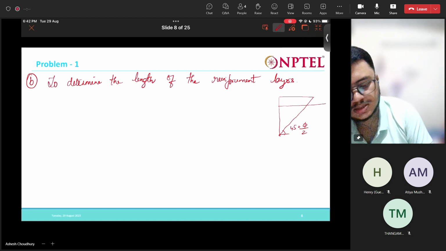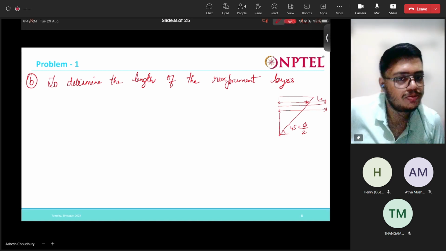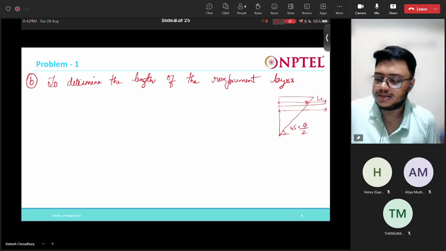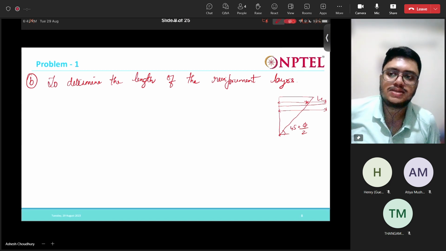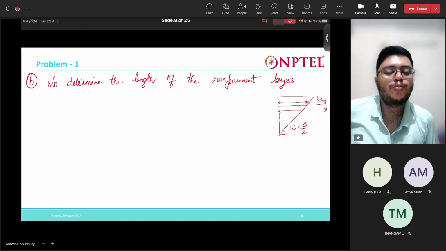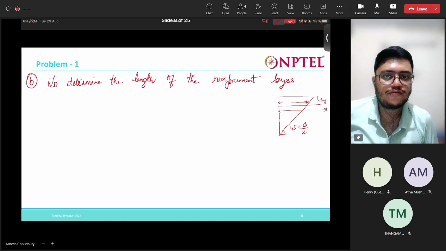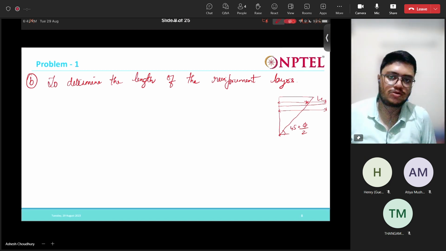Okay, so this is the total length of the reinforcement, and this is the length that is within the wedge, and this is the embedment length. So you need to provide the embedment length in such a way that it satisfies the pull out criteria. Okay, satisfies the pull out criteria means that it should not get pulled out due to excessive force coming on the reinforcement.